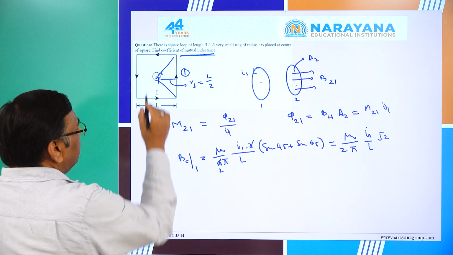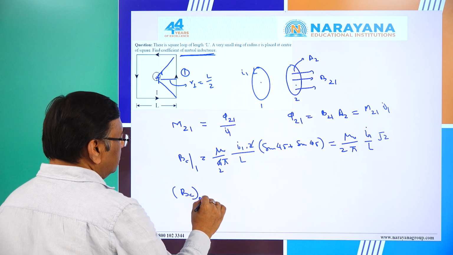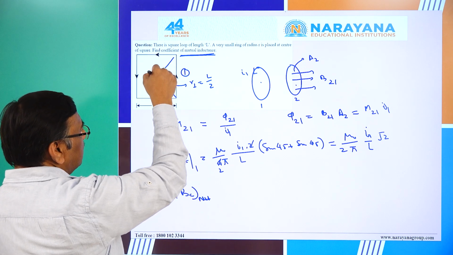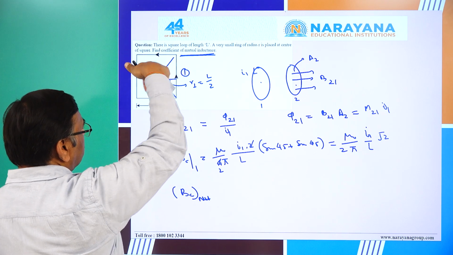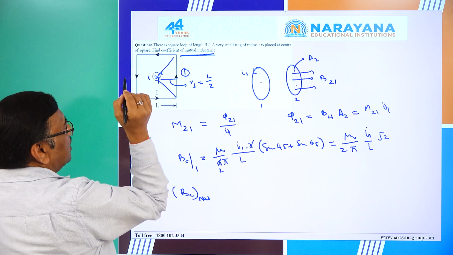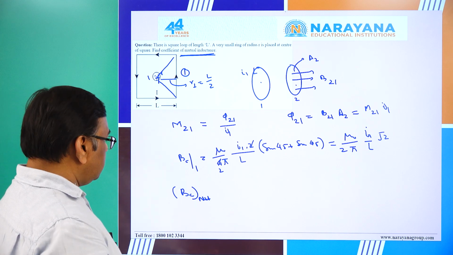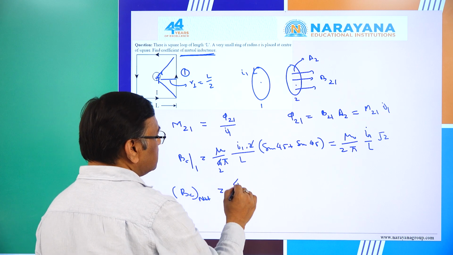What is my total field at the center? So B at C, if I write net, because these 4 wires are generating the field in the outward direction. Again you can see the right hand thumb rule, because of my thumb it is always indicating my field is in the outward sense. If my field is in the outward direction, so what are you going to write now? Total field is 4 times this field.